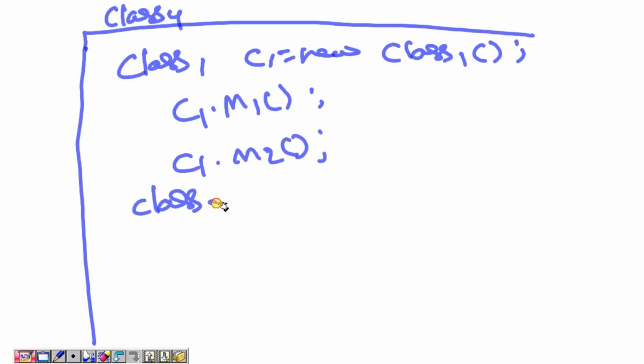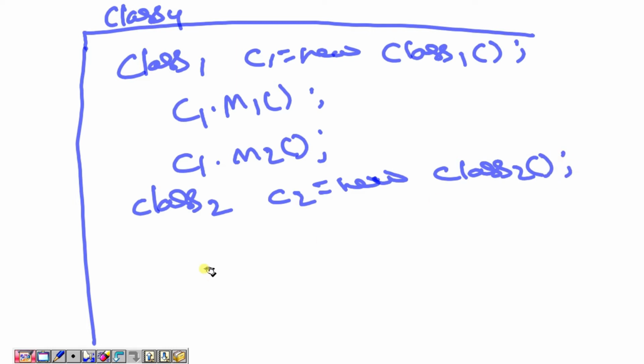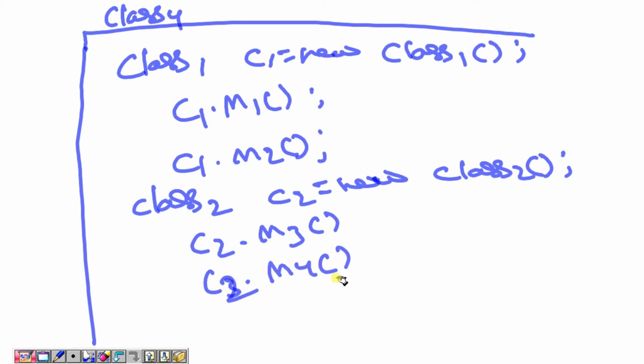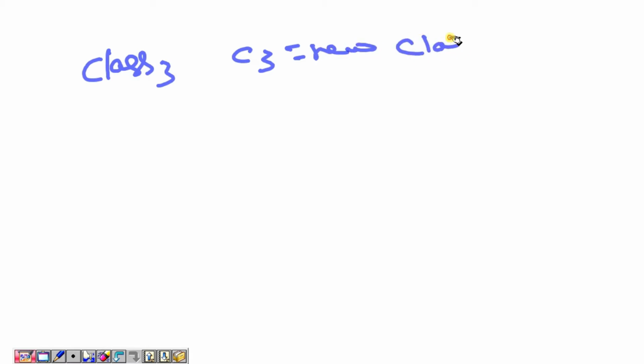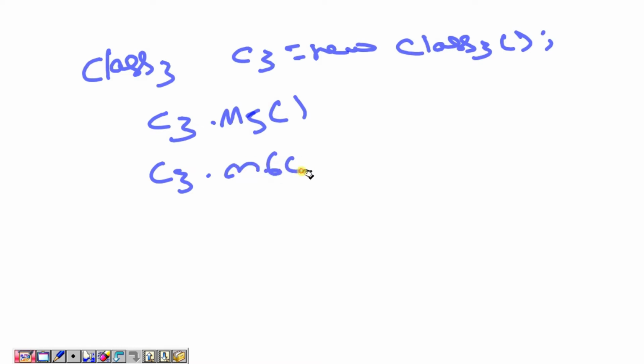Class 2 C2 equal to new Class 2, because these are non-static methods, and then C2.M3 and C2.M4, like that we can get them. In the same manner for class 3 methods, Class 3 C3 equal to new Class 3, and C3.M5, C3.M6 we can get.